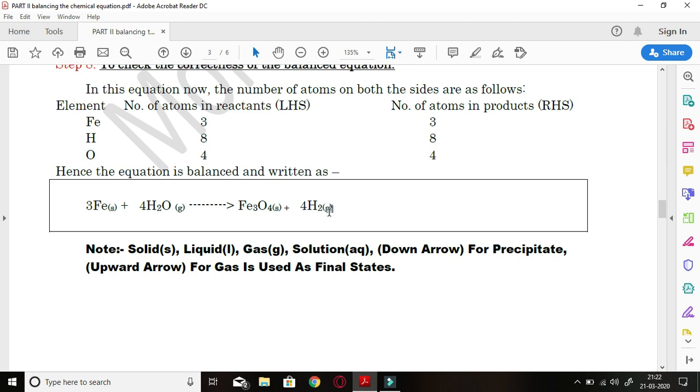If you look here, there are other states also, like solutions. If you mix a salt in water, that will become a solution, right? तो आप उसे aqueous की फॉर्म में लिखते हैं, AQ. That is written as AQ. That means aqueous. It is different from the liquid.